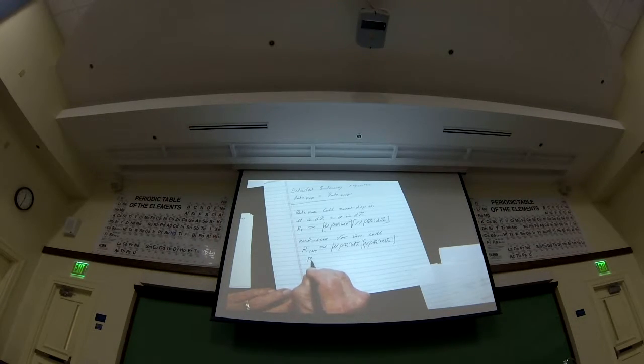And the rate forward equals the rate inverse. That's detailed balancing.